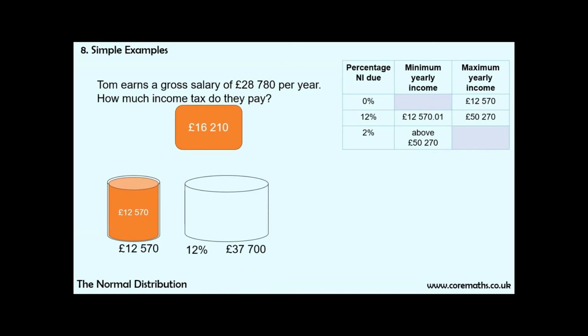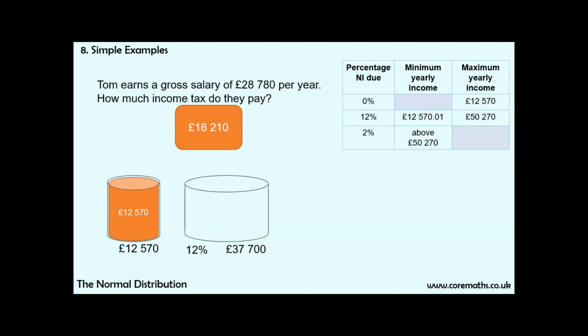If you've got a reasonable memory, you'll know that just a few minutes ago we were talking about income tax, and the middle tub was also 37,700. That is super convenient, super nice. It does muddy the waters a little bit as to me saying these are different things. They are, but the numbers are really nice this year. So 12,570 for the first cylinder, 37,700 for the second cylinder.